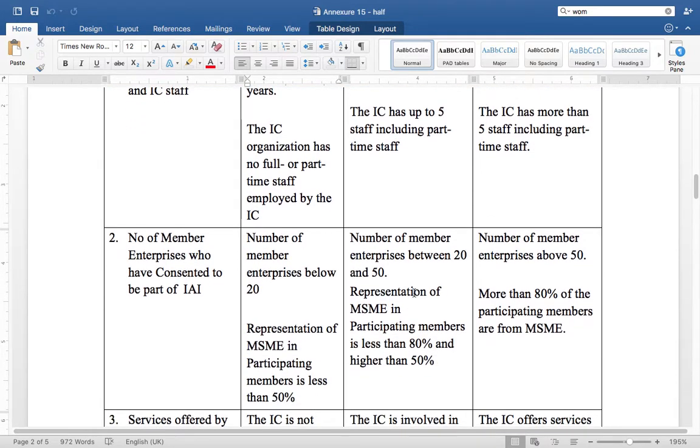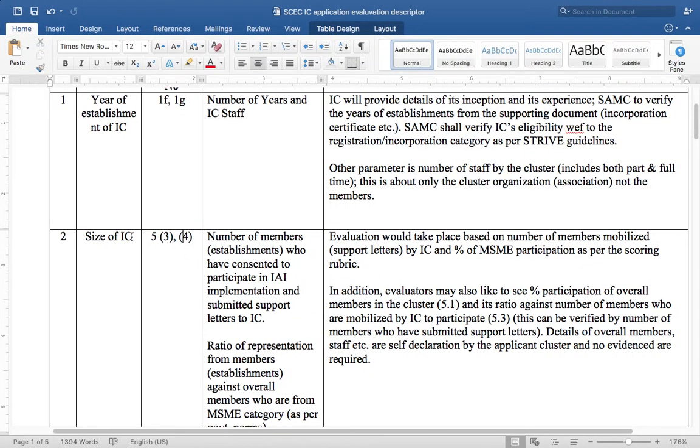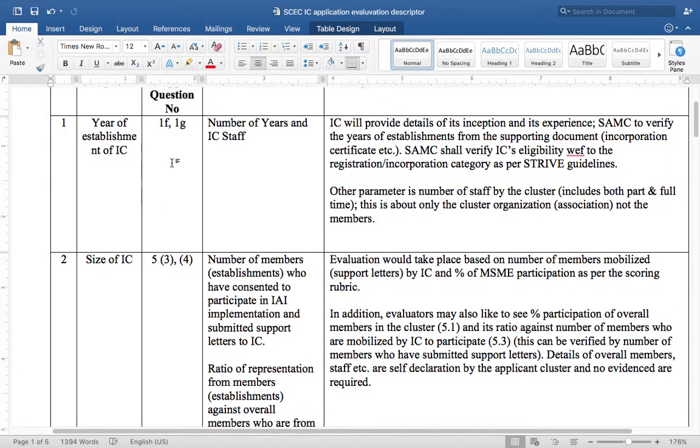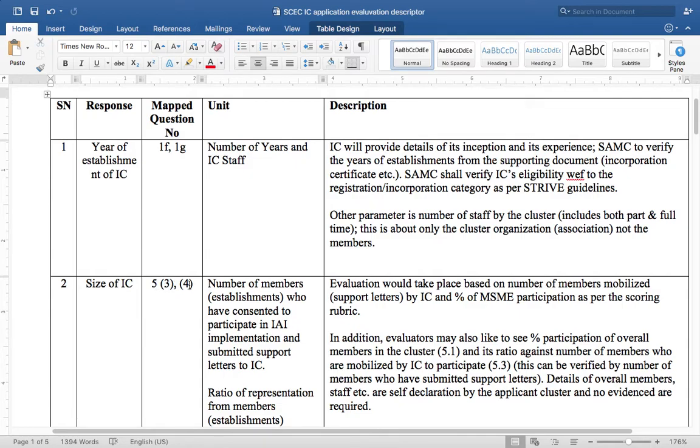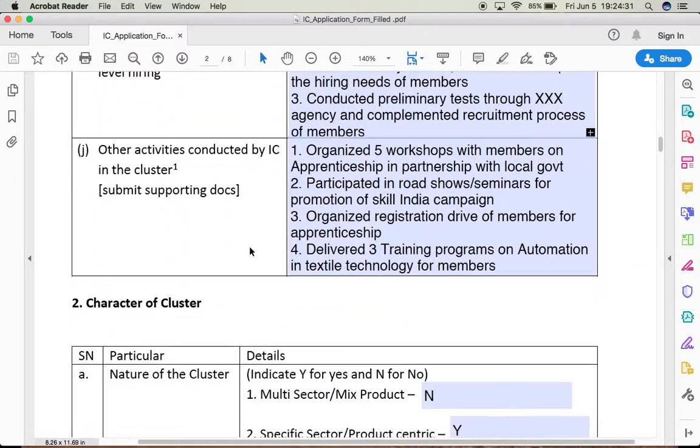Now where in the IC application form can this information be extracted? This is where the descriptors come into the picture. If you look at the unit size of the IC, the question number is mapped to question numbers 53 and 54. So you go back to the IC application form and find questions 53 and 54.